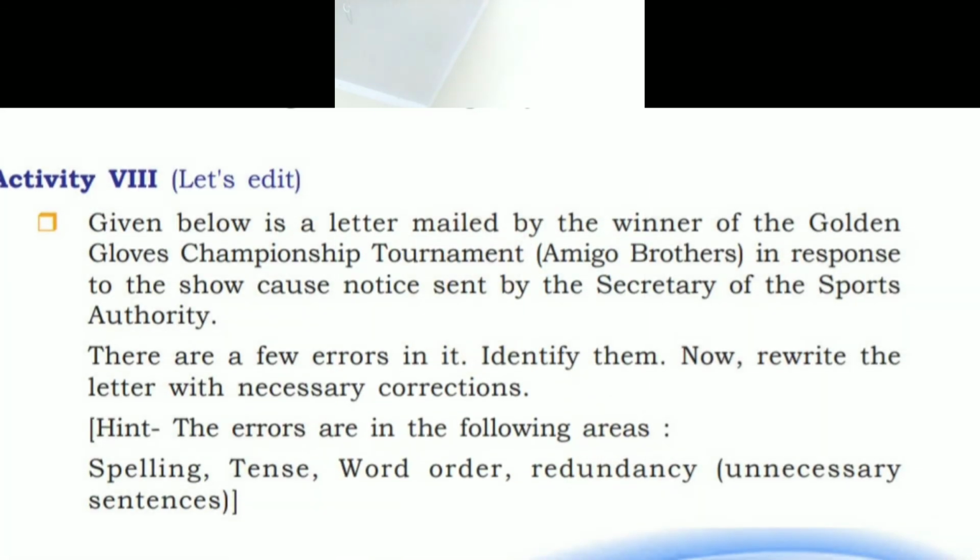The last item is editing. You all know, in every question paper we have this type of item, editing. So try to read the given passage. Usually when you get a passage for editing, there will be these types of mistakes. Concord mistake, that is subject verb agreement.